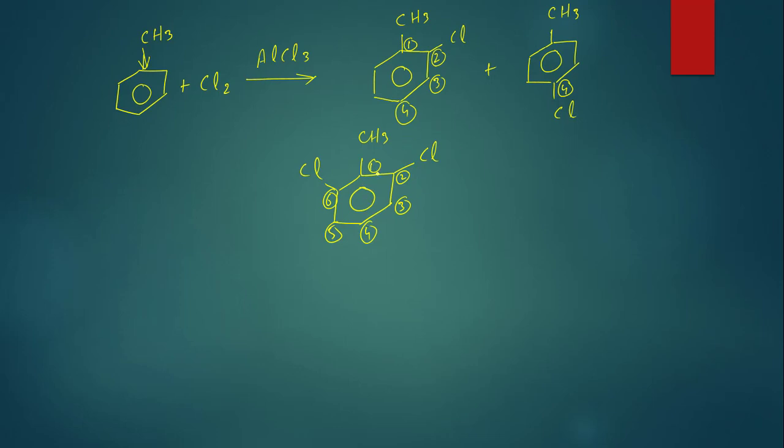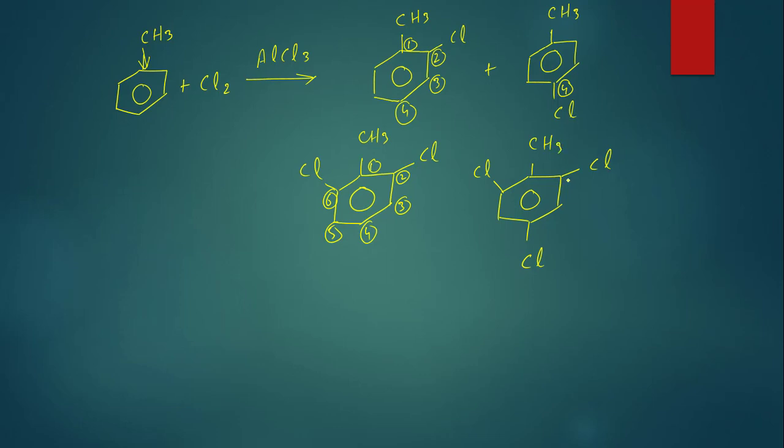If we add further chlorine gas in bubble form, we will have another product, with chlorine here, here and here, at 2, 4, 6. Actually why?